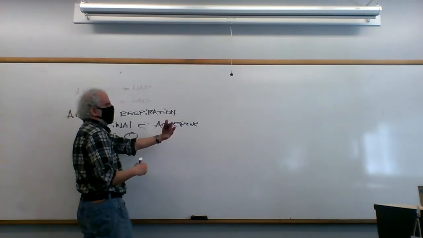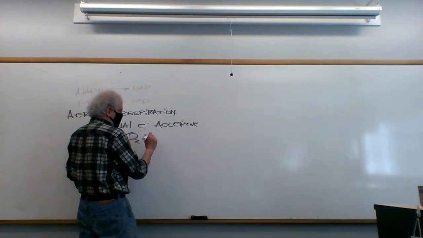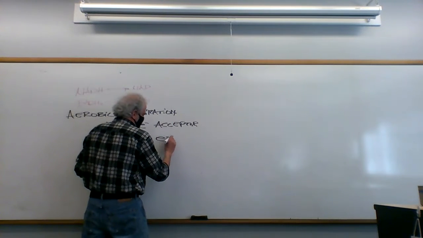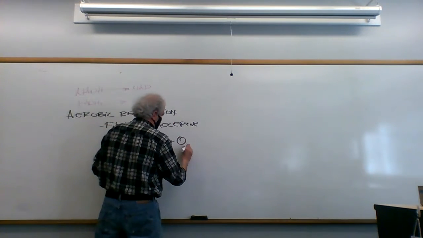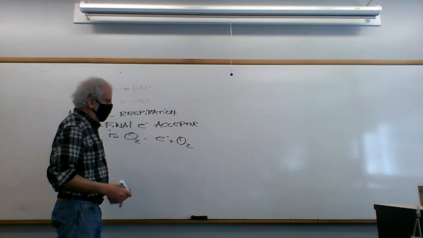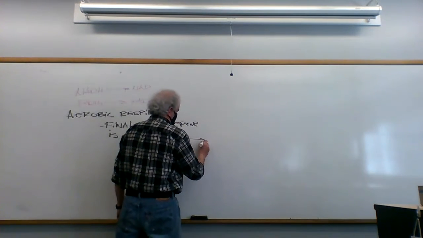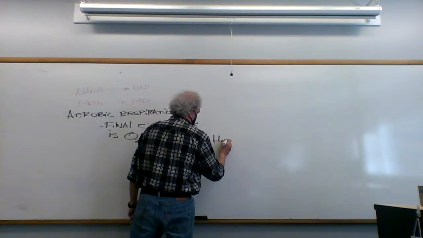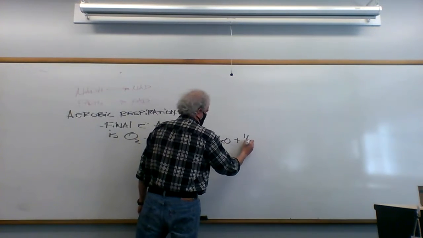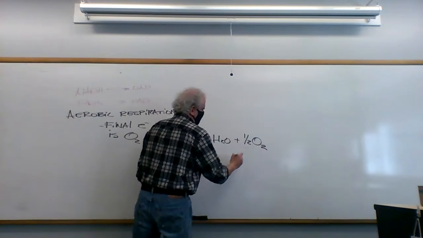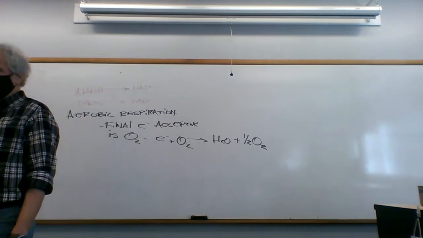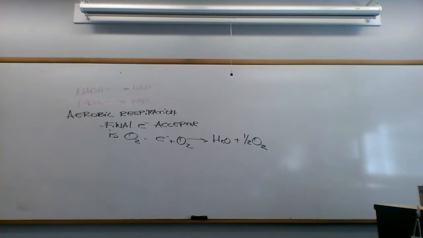The chemical equation we would think about is the electron reducing oxygen, and we generate a molecule of water and the oxygen radical, or atomic oxygen. And so that is aerobic respiration.